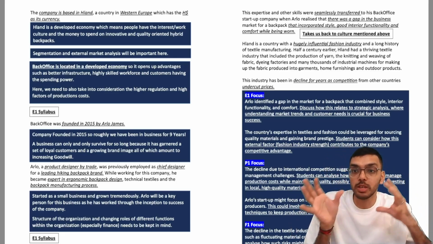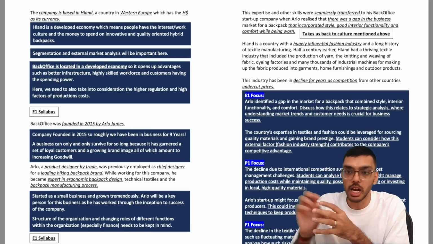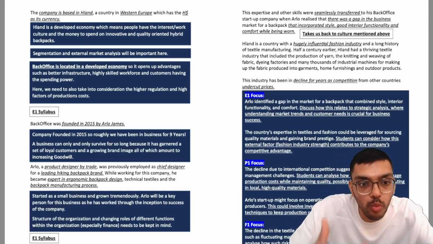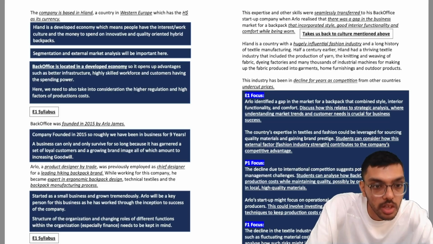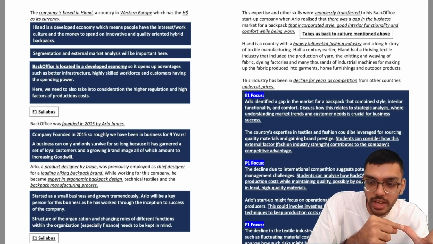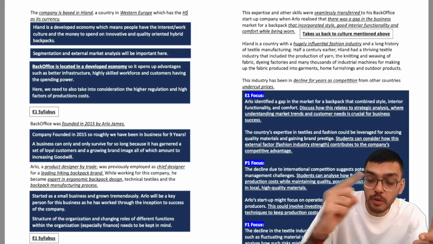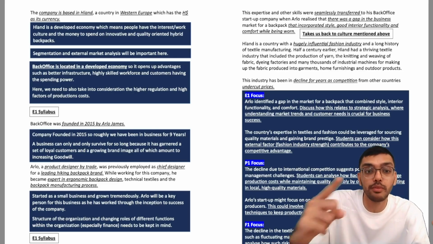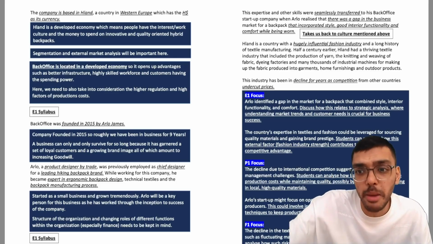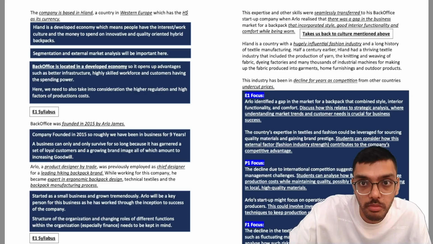The HR function evolved from a small team to a large team. Distribution from one channel to two channels. Everything would have evolved, right? This is a concept in your E1 syllabus. Structure of the organization, changing roles of finance, changing roles of different functions. It's there in your E1 syllabus. That is why I am pointing them out for you.